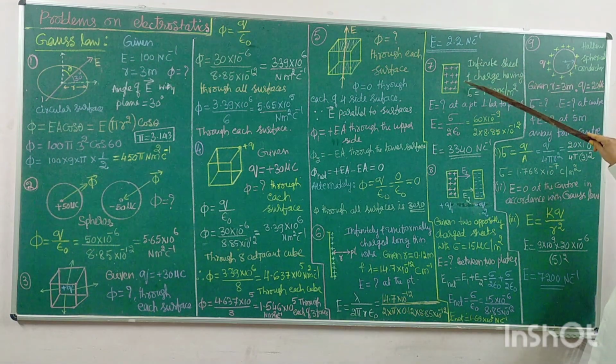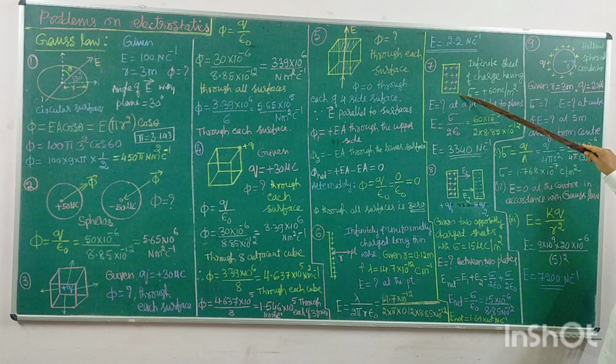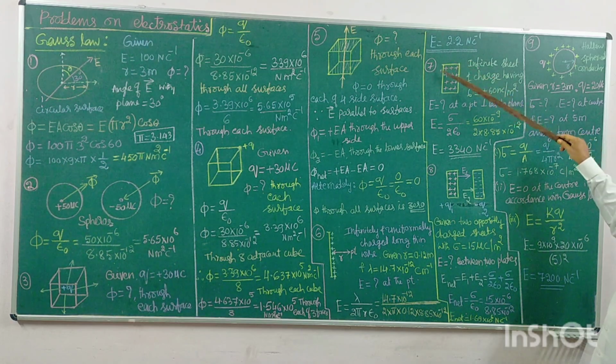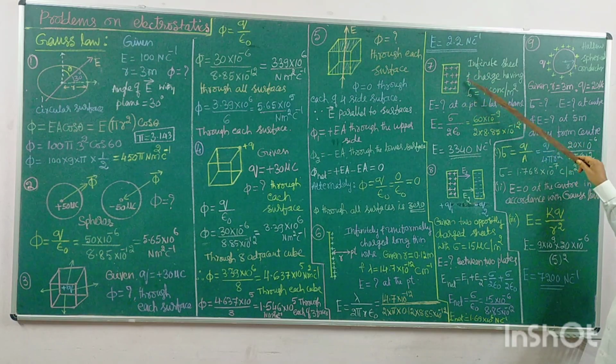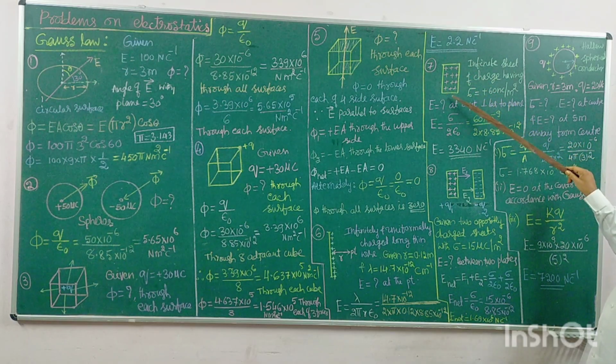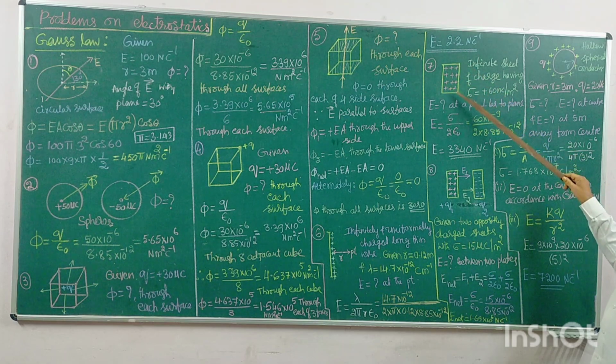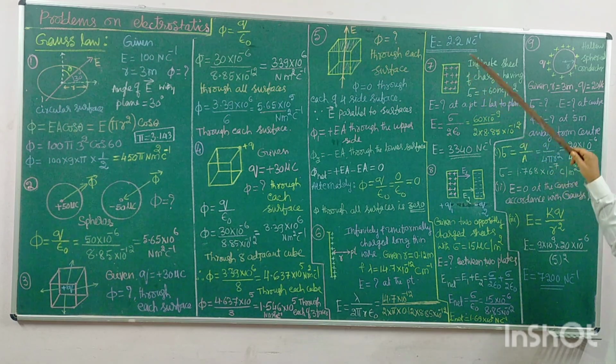And the next problem is on surface charge density. That is, a surface is there. What is that surface? It is an infinite sheet. That is, infinite charges are distributed, and the charges are uniformly distributed over an area.